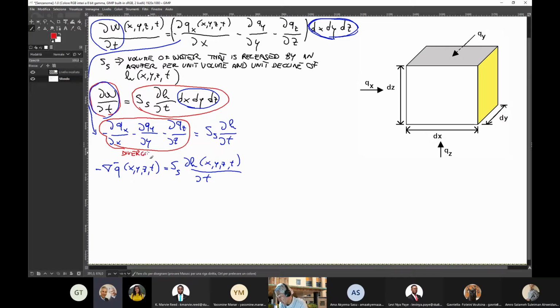And the divergence of a vector is a scalar quantity. It's a number, it's no more a vector, okay? And then we get this equation. So this is known in other fields, this equation here, and let me just track it.